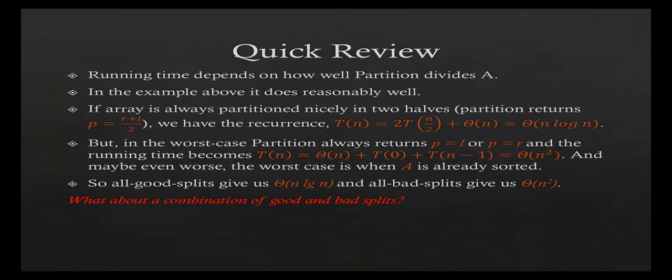That means if we efficiently partition the data, then we can get order of n log n, which is the best case scenario. And if we have all bad splits, then it will give us the worst case scenario, order of n square. So what about a combination of good and bad splits?